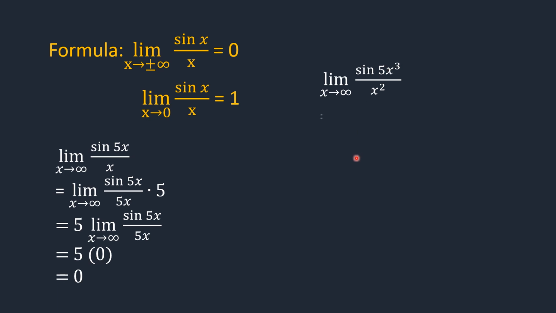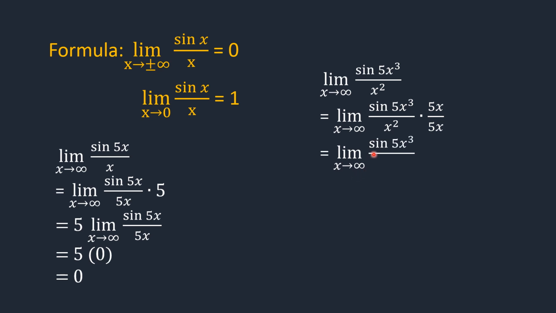So for that we will multiply this function by 5x divided by 5x. In the next step we will write sine 5x cube divided by 5x cube. See here, x square into 5x will be 5x cube, and this 5x will remain as it is.